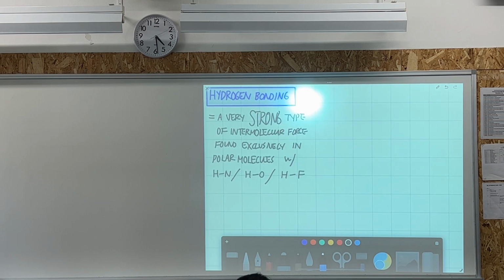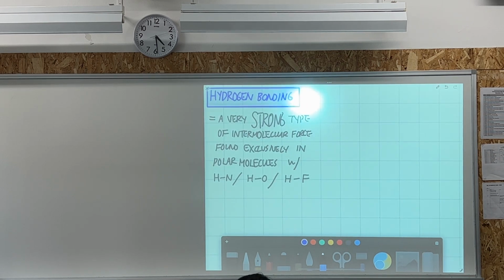I like to think of it this way. Compare this with the van der Waals force we just saw. Van der Waals force is shared by all molecules, common, not exclusive anymore. So let's do a very quick comparison.